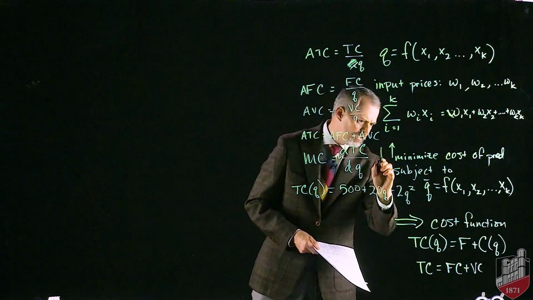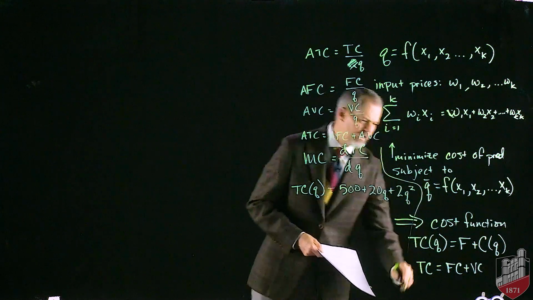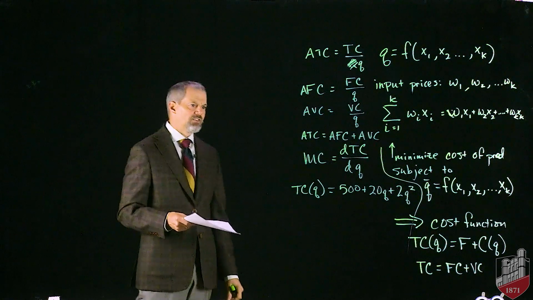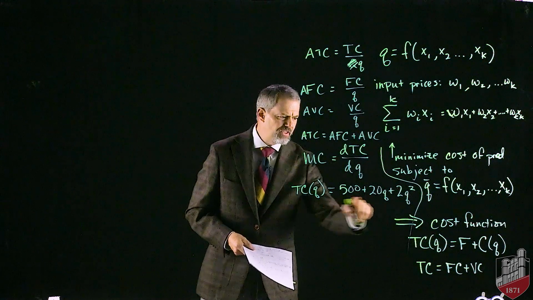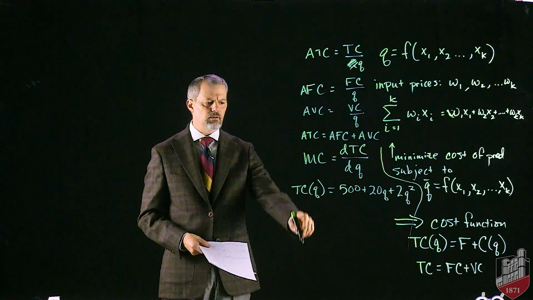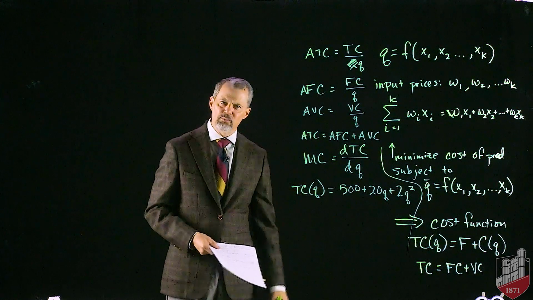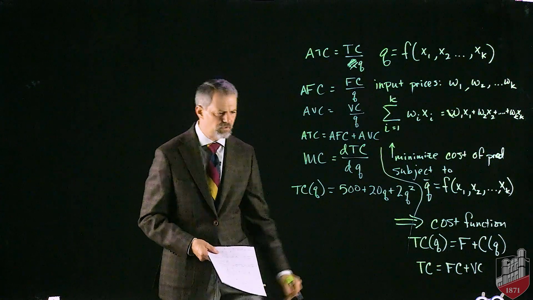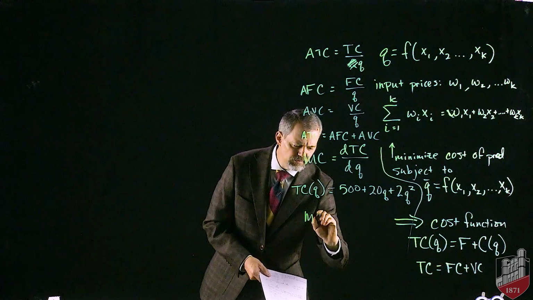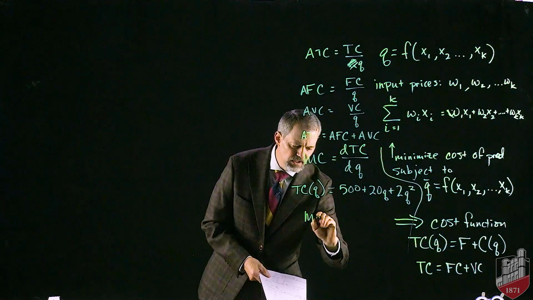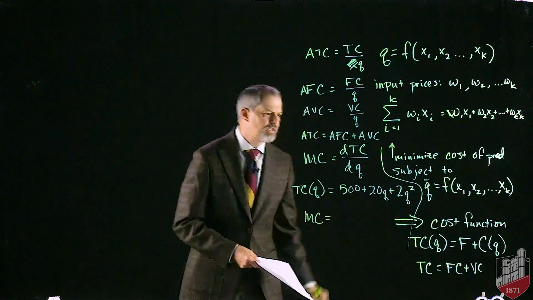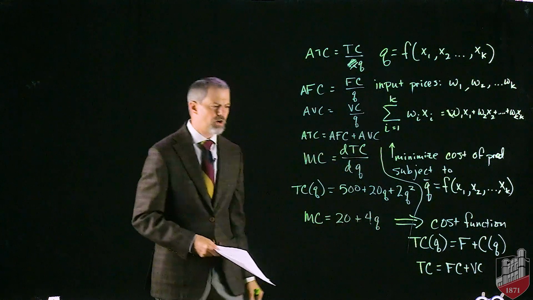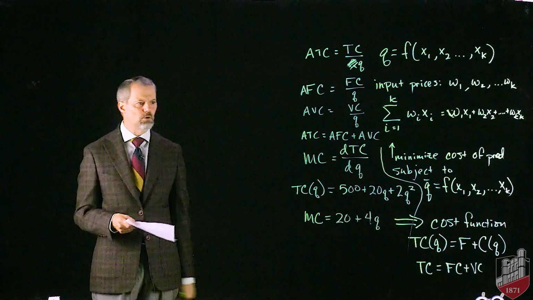I'm going to draw a little line like that so we can distinguish. So if we were to think about marginal cost, then if we took the derivative of that with respect to Q, and if you don't know how to do that, don't worry about it, I would give you the marginal cost curve. But if you took the derivative of that with respect to Q, then you get marginal cost, and that's equal to 20 plus 4Q. There's the marginal cost that would go with that total cost curve.